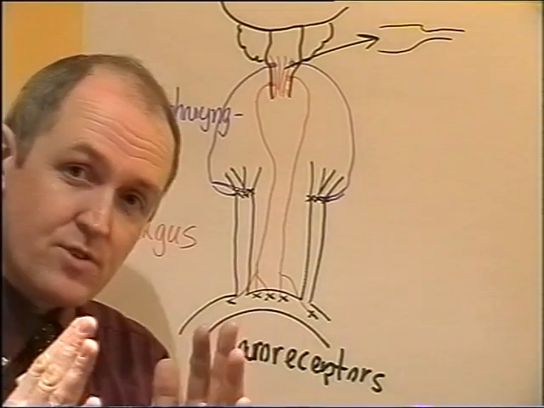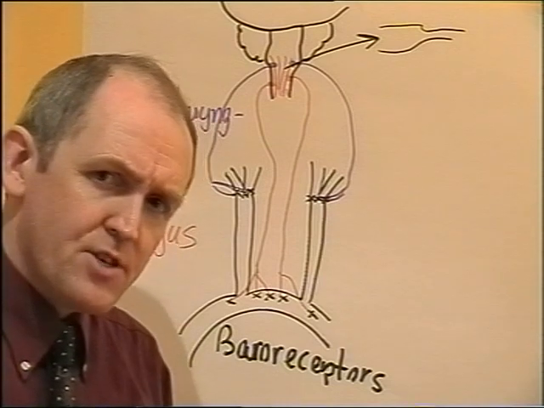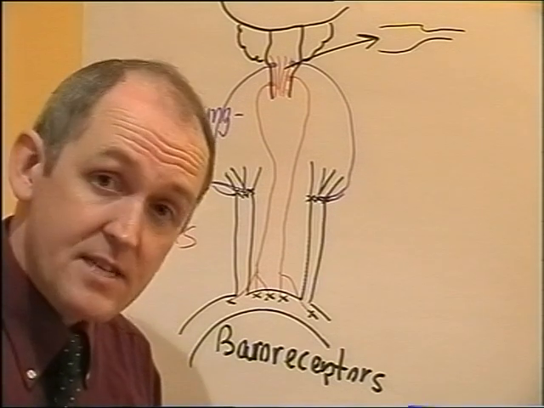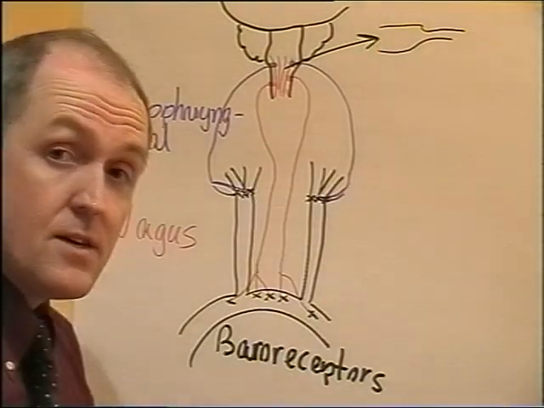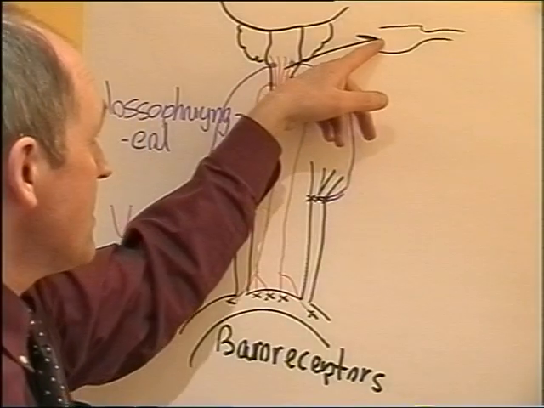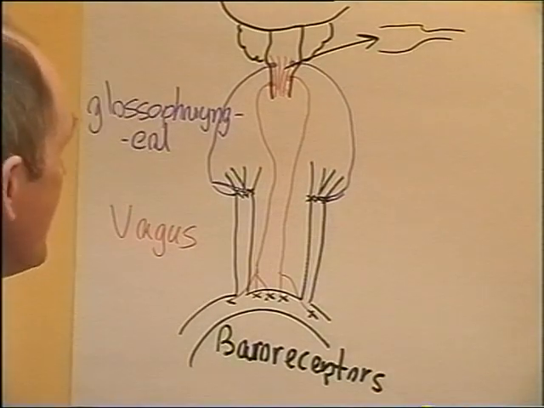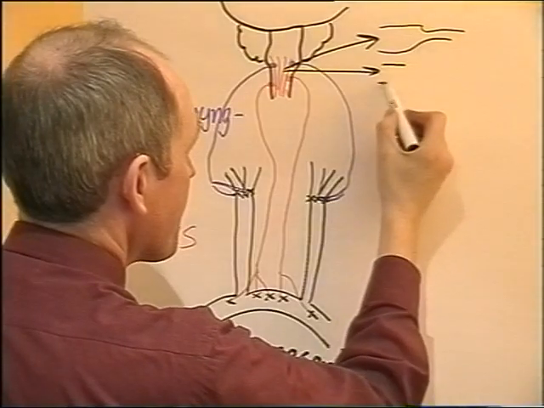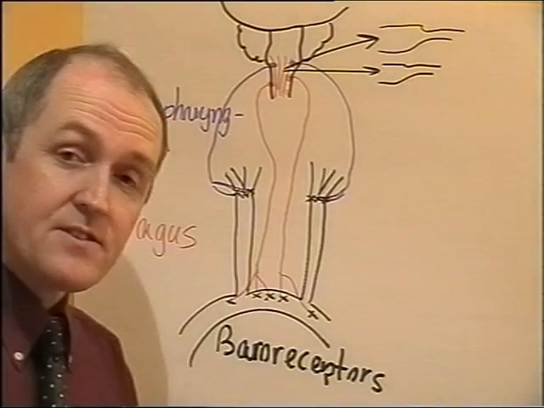If the peripheral blood vessels constrict, what will that do to blood pressure? Well, if the peripheral arterioles constrict, that will increase blood pressure. So the vasomotor centre will cause peripheral arterial vasoconstriction. As well as that, impulses from the vasomotor centre will constrict the peripheral veins as well.